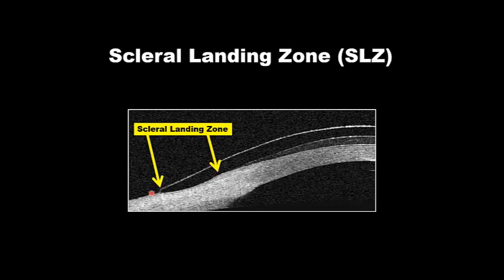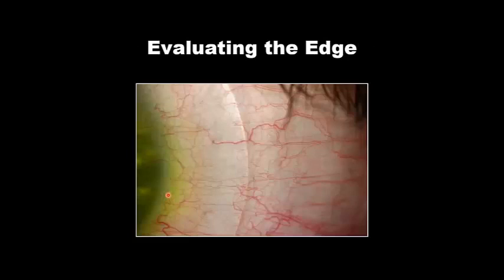You've got this ideal relationship. So we call that a 50-50 edge, where 50% of the apex is in the air, 50% has sunk itself into the conj.